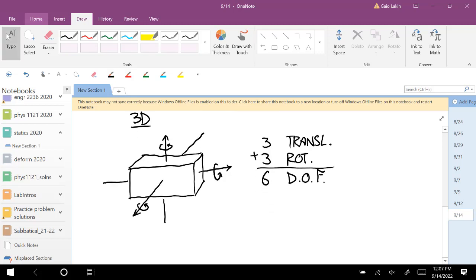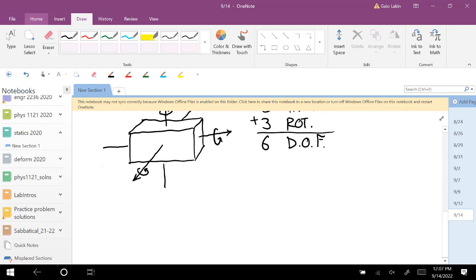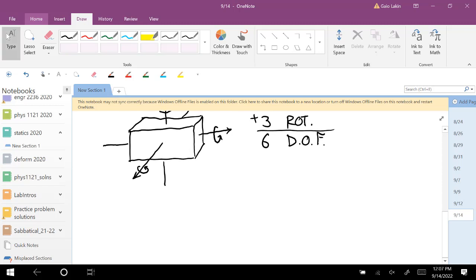Remember in 2D, the number of Newton's laws we had corresponded exactly to the number of degrees of freedom. So we have two components of Newton's second law and 1 component of the moment equation. It works out the same way in 3D. We have 3 components of Newton's second law and 3 components of the moment equation. And it works exactly the same as it did in 2D.